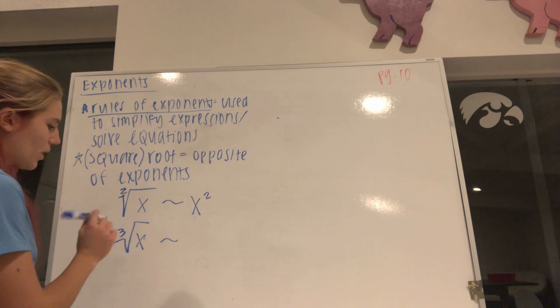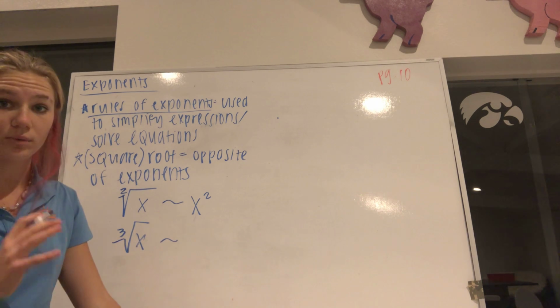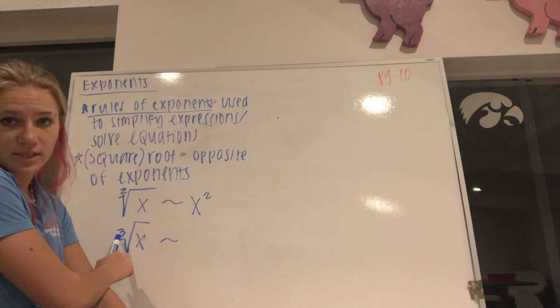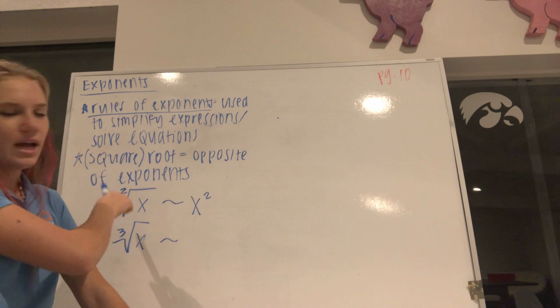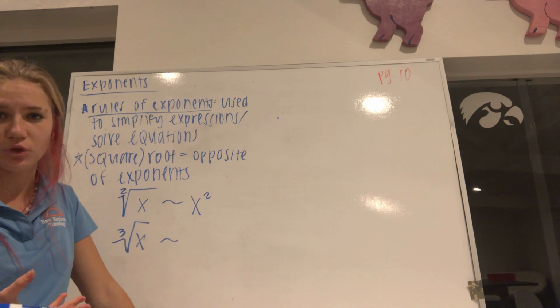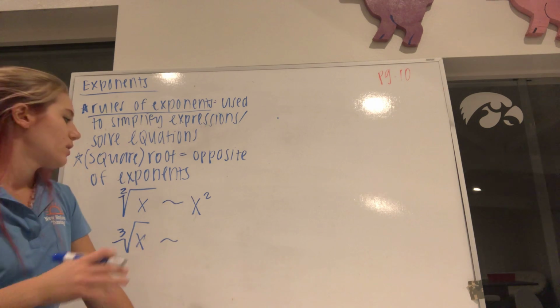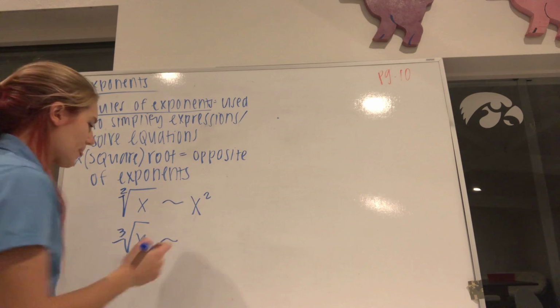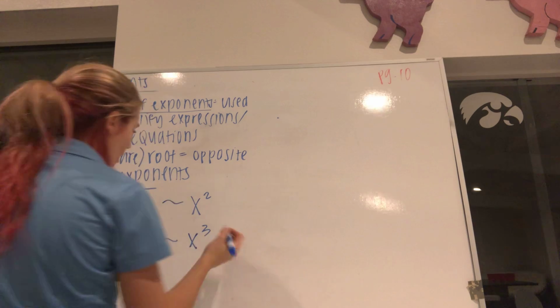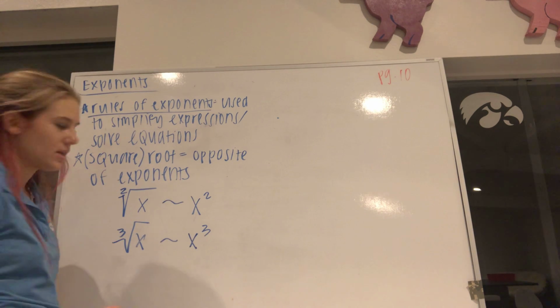When you're dealing with anything other than square roots, you do need to make sure that you specify that superscript there. Like I said, for square roots, you technically don't have to, but if you're dealing with any other root, you do have to have whatever root you're taking there. And that's going to be the opposite of x cubed.